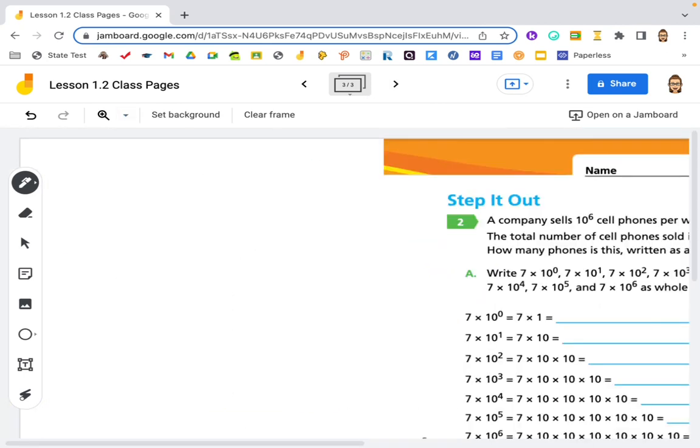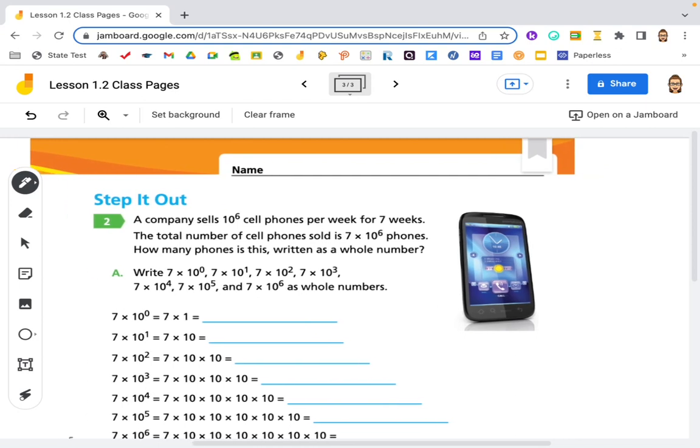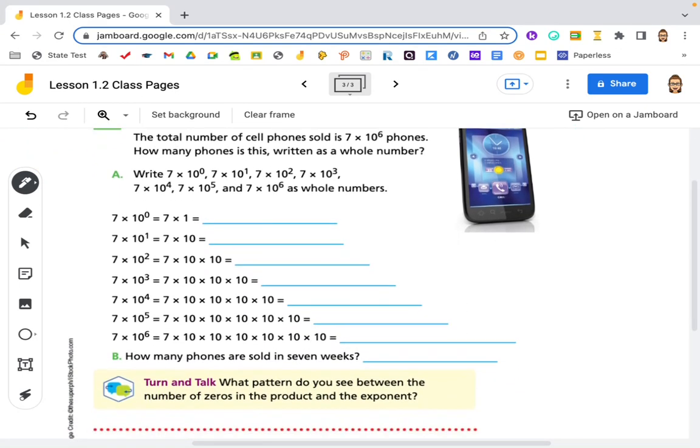All right, it says step it out. So it says a company sells 10 to the 6th power, the 6th power of 10 cell phones per week for 7 weeks. The total number of cell phones sold is 7 times the 6th power of 10 phones. How many phones is this written as a whole number? So we're going to write 7 times 10 to the 0 power.